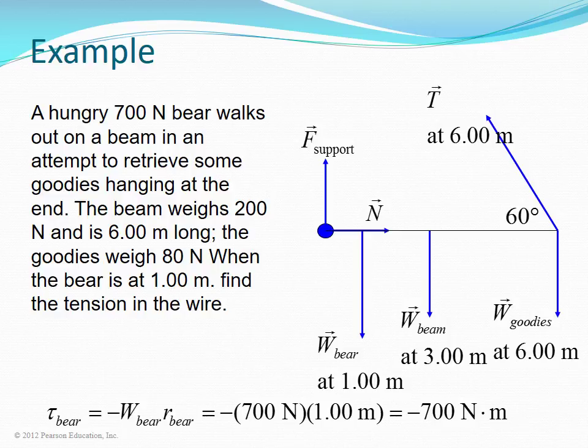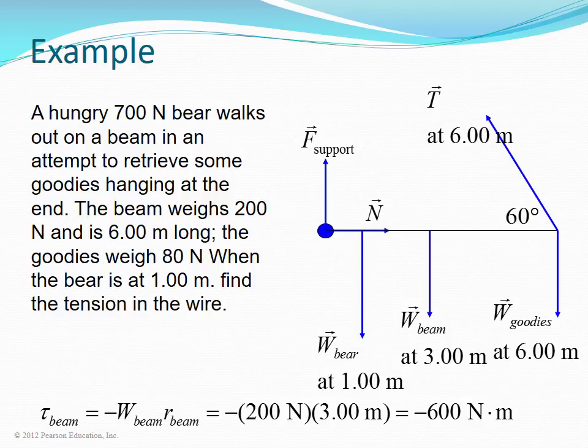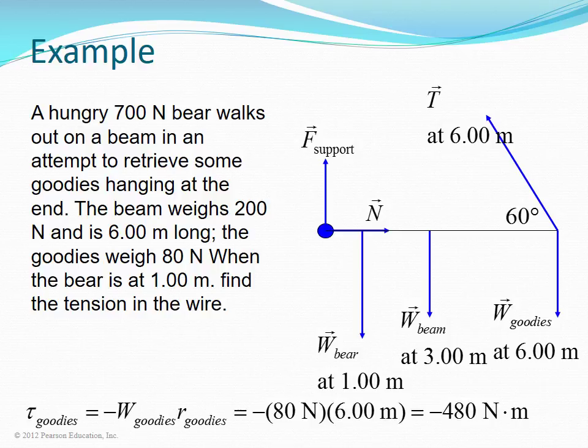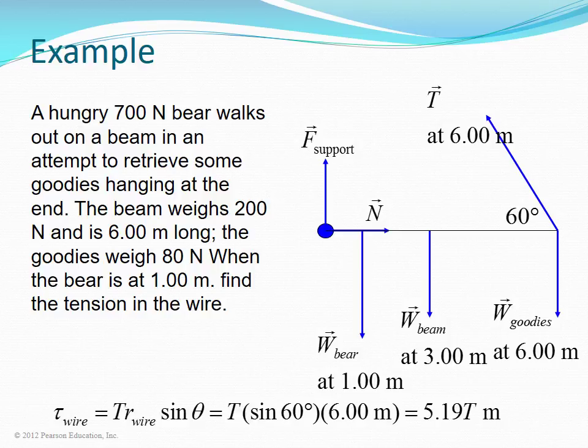The torque due to the bear is minus 700 Newton meters. The torque due to the beam is minus 600 Newton meters. The torque due to the goodies is minus 480 Newton meters. The torque due to the tension is 5.19 meters times the unknown tension.